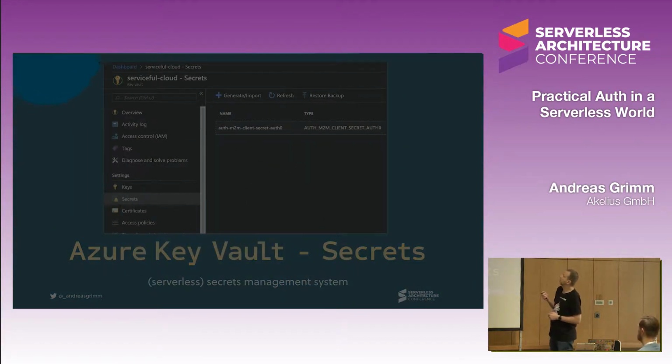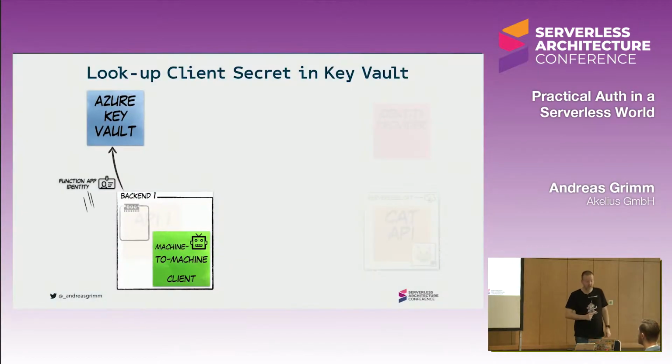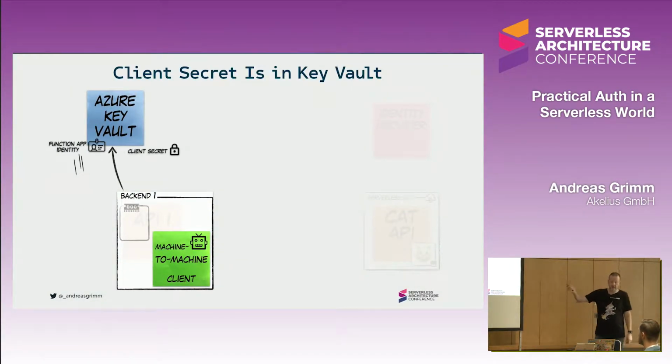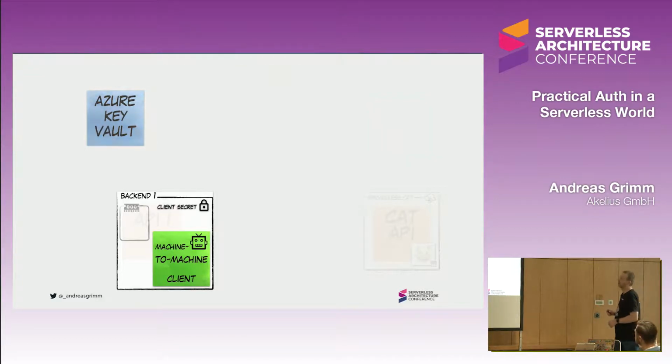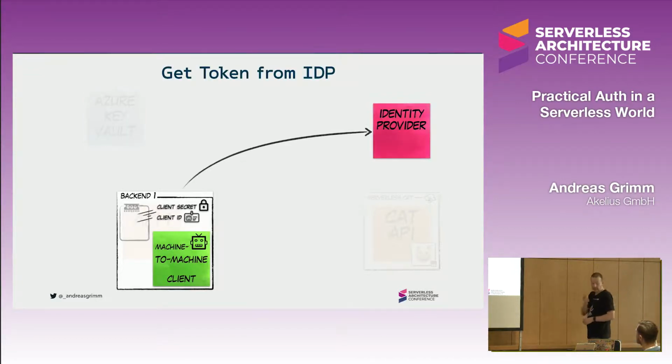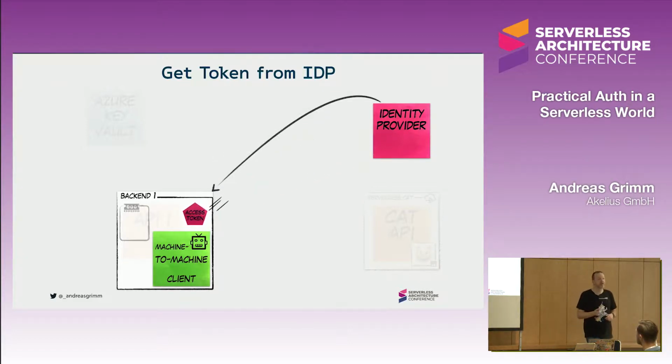This is a key vault in Azure, in the portal, and there in the secrets, in this case, we have our client secret. And now, with our function app identity, we look up our client secret from the key vault that we then can send along with the client ID to our identity provider.